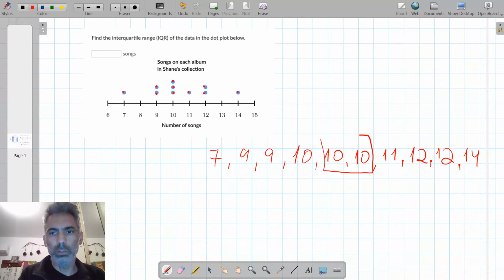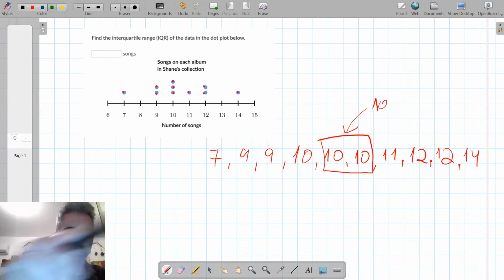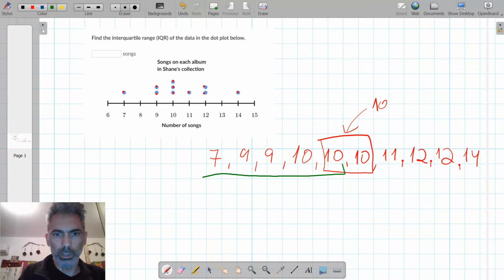So these 2 data points are the middle, and the mean of these two data points is the median. Now the median of the bottom half of the data, which is these 5 numbers, is 9.